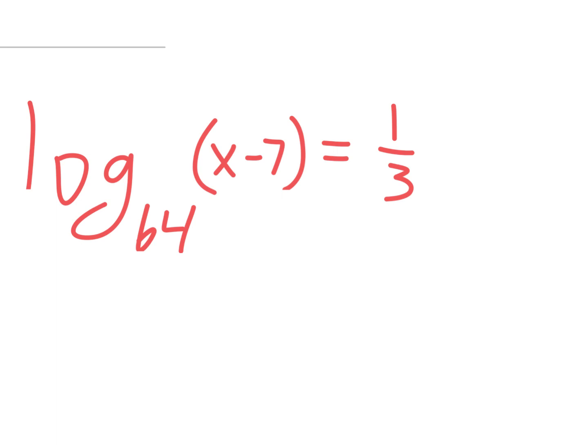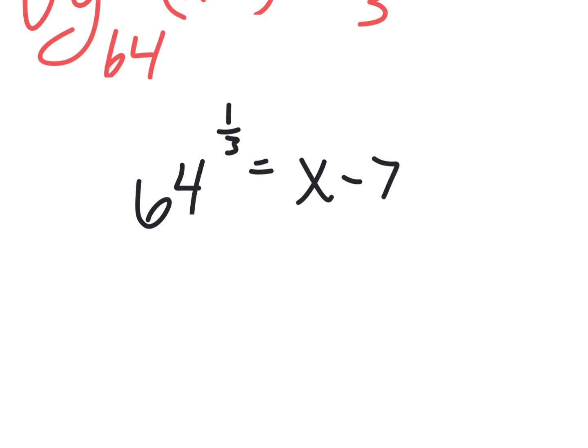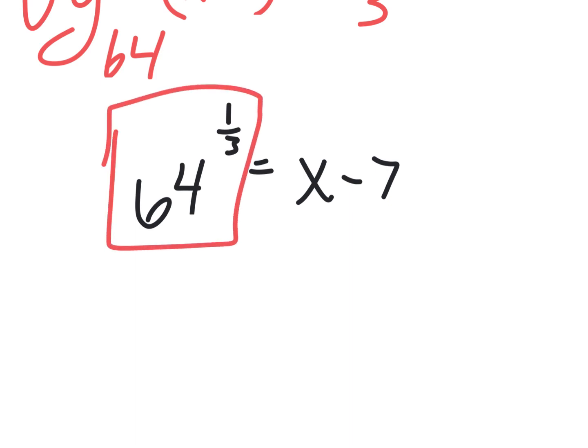Martin, can you tell me what to the what equals what? 64 to the 1/3 equals x minus 7. And then Leah, Martin, take it over from there. Do you know what this one is in your head? 4, very good. Finish it, you're so close.